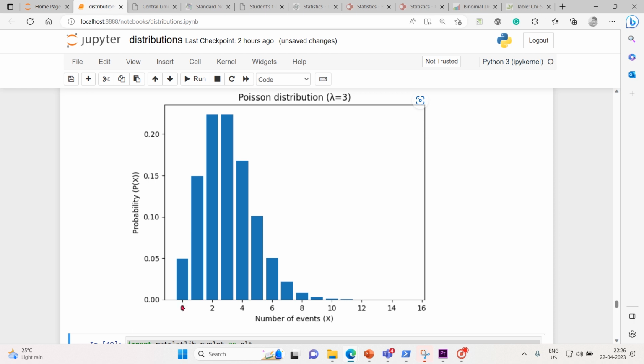So the probability of 0 events happening is 0.05, and the interval could be anything, from 9 o'clock in the morning till 5 o'clock in the afternoon, or from 9 in the morning till 9 at night. It depends upon the shop, or the workshop or manufacturing hub. So the number of events is on the x-axis, and the probability of occurrence of that number of events in that particular interval is what the Poisson distribution gives.